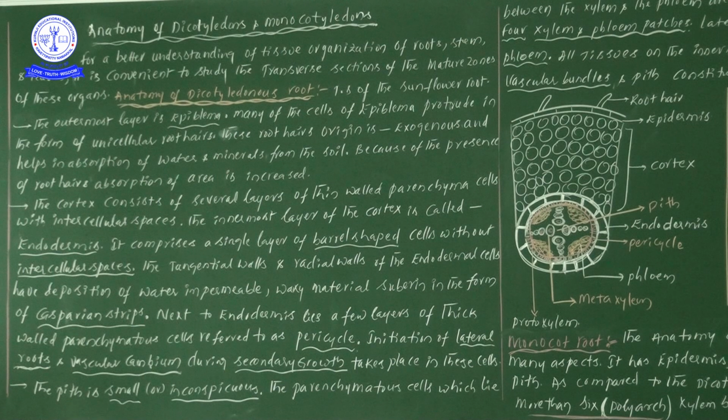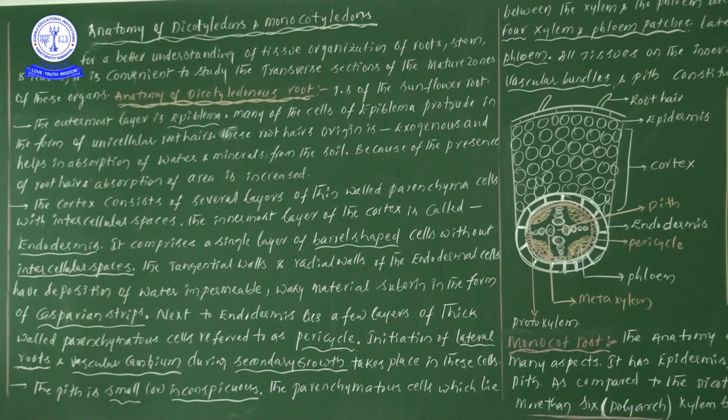If you see this particular structure, what information can be taken? If you take this cortex, several layers are there. In the diagram you see that many layers are there. This one is a root hair we have studied, and epidermis also we studied just now. Next, the second layer present just below the epidermis we take as cortex.